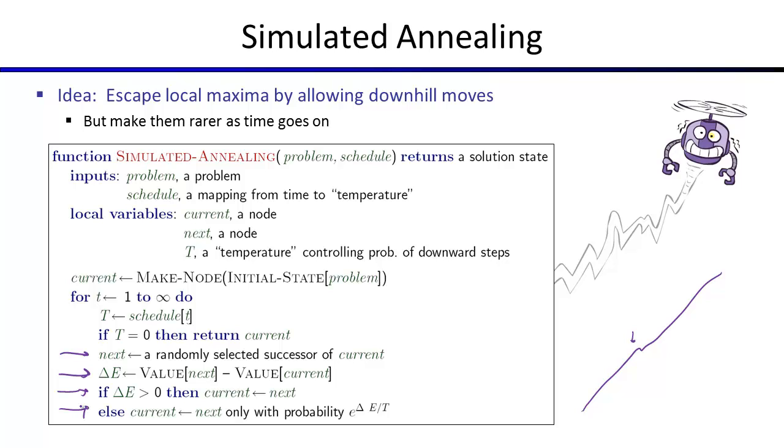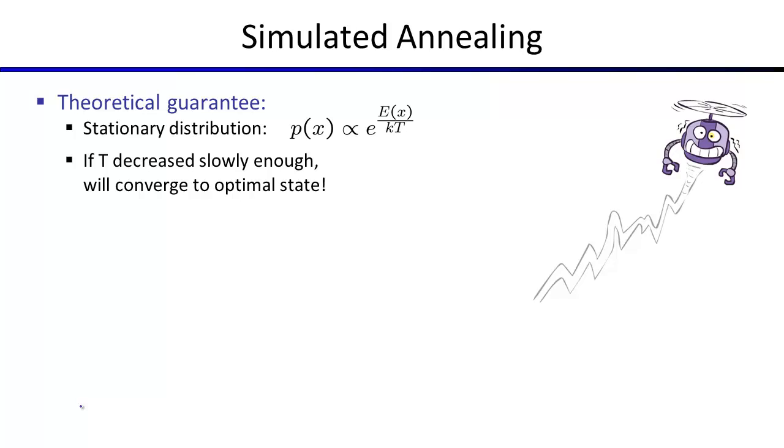That's simulated annealing. It's got this cool theoretical guarantee that says that if you run it forever, and you should always be very worried about guarantees that start with if you run it forever, but if you run it forever and you decrease T slowly enough, which is easy to do because you're running it forever, then you'll actually get to the global optimum.